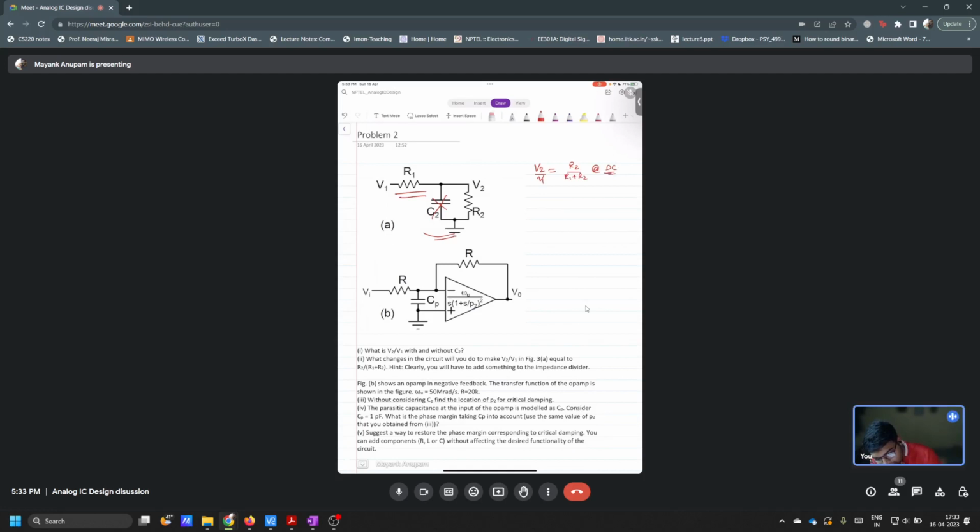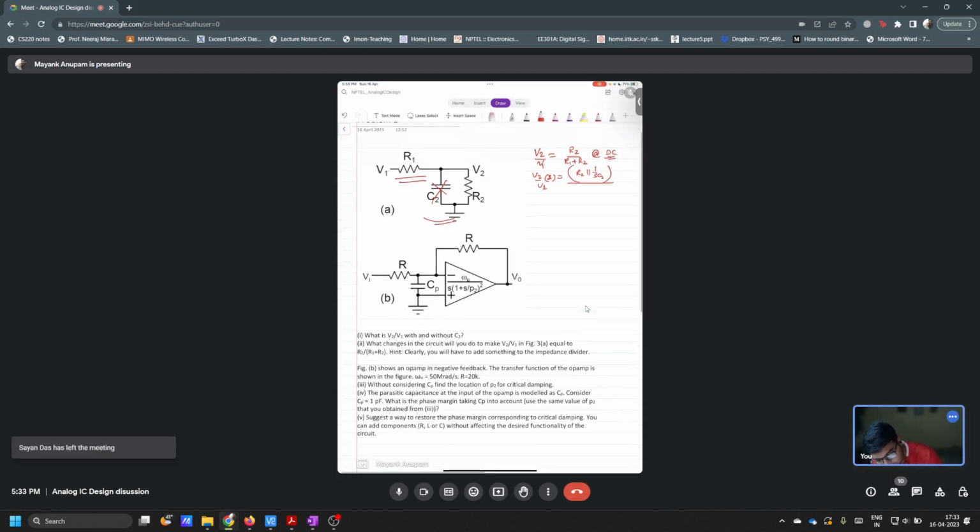Now what is the exact expression for V2 by V1 in the Laplace domain? This will be R2 parallel 1 over SC2, divided by R1 plus R2 parallel 1 over SC2, correct?